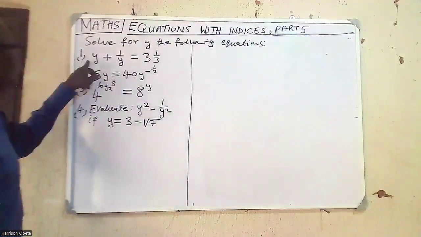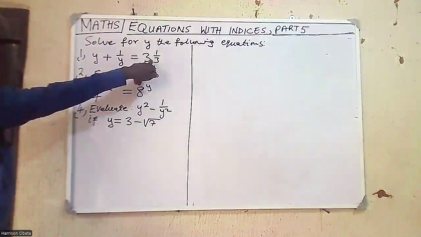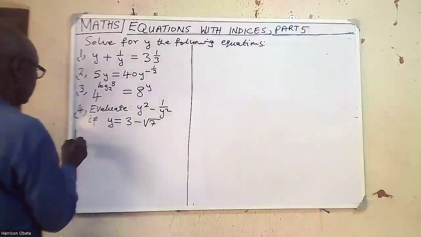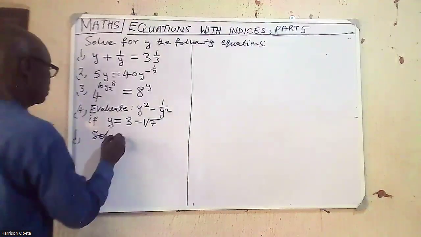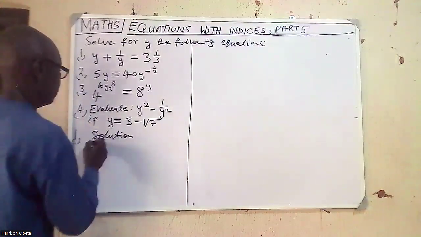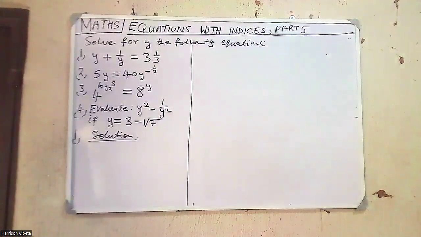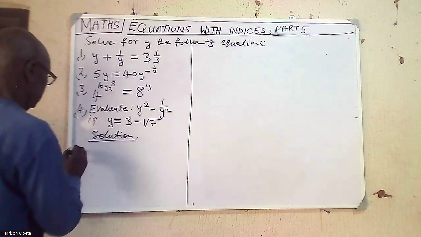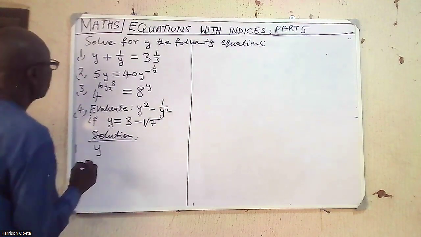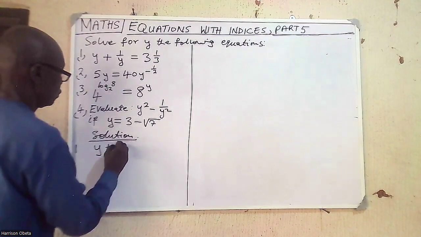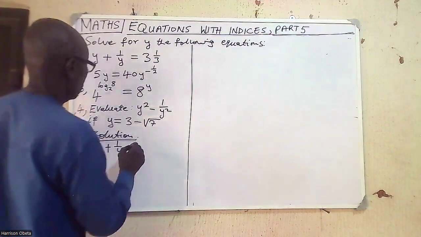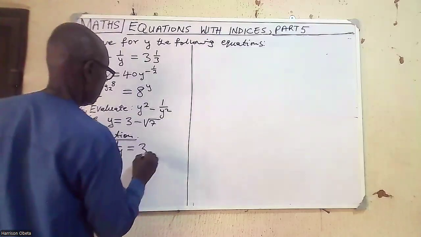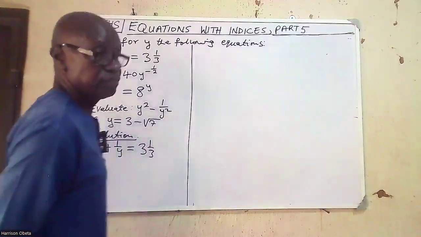In number 1, we have y plus 1 over y equal to 3 whole number 1 over 3. Number 1, solution. We have y plus 1 over y is equal to 3 whole number 1 over 3.